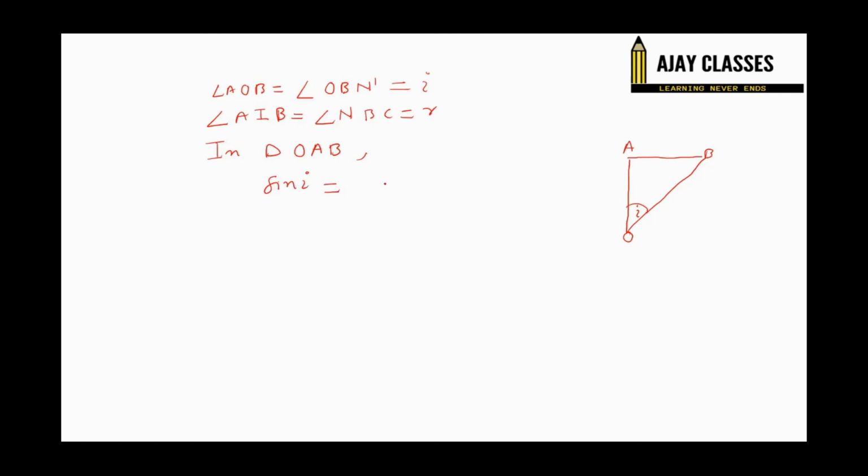Sine is perpendicular by hypotenuse, so sin i equals AB divided by OB. We take this as equation 1.